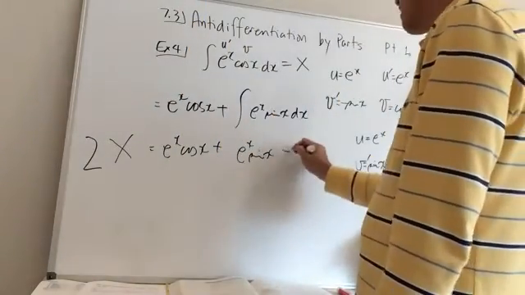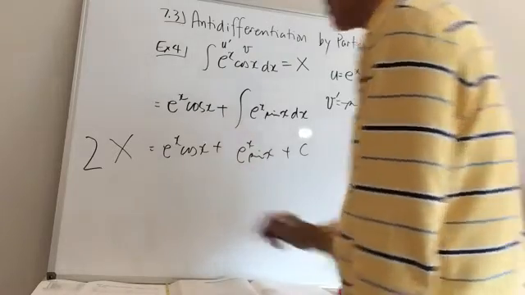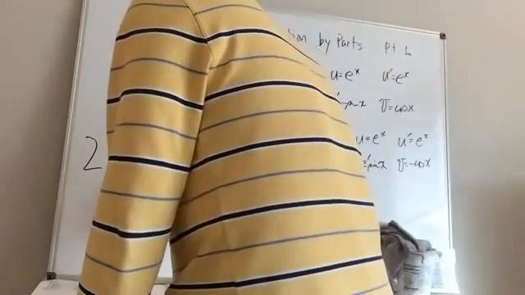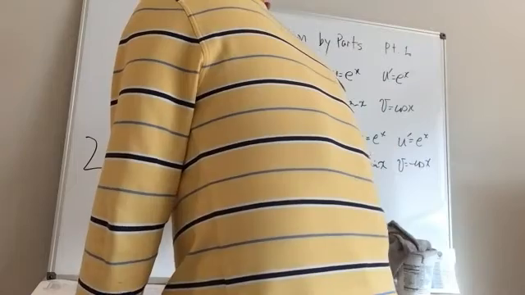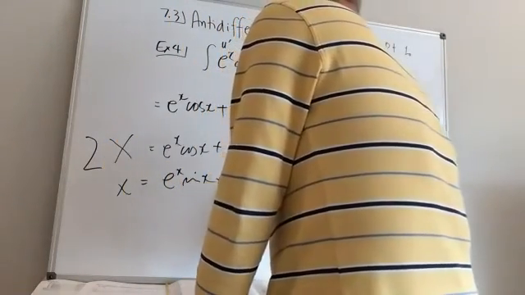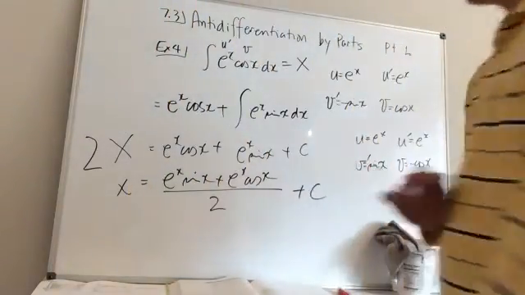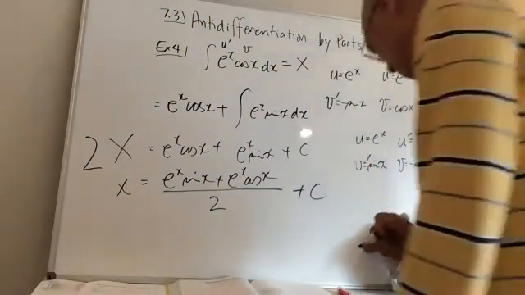Correct? There's a c here, obviously, right? So X, which is what I'm trying to find, is going to be equal to e to the x sine x. I'm going to write this one first. Cosine x, divided by 2. So I actually did end up solving it.